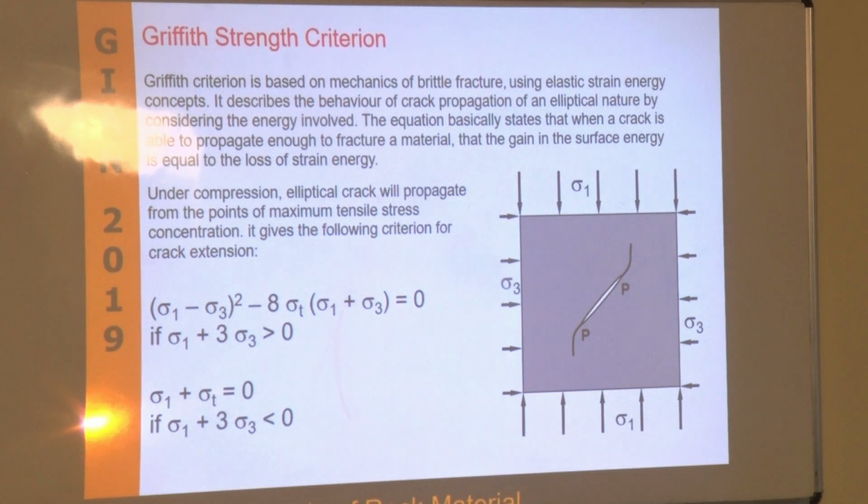So you have a penny-shaped crack, and you can define what is the stress at the tip, and when that stress at the tip overcomes the tensile strength of your rock, that crack will propagate. Okay? Extremely used. And everyone uses that equation without really looking at what it says exactly. So very exciting.